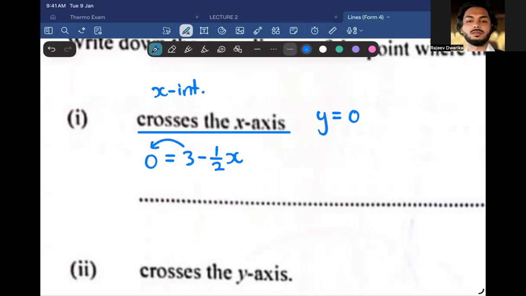What am I going to write in the next line? I move across the 3. This would be negative 3 plus 0 equals a half x. What you say isn't wrong, but that zero means nothing, so it's optional.